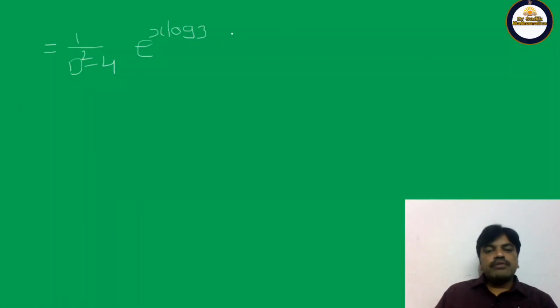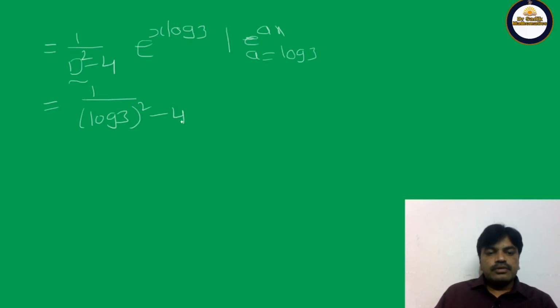Now it is like e power ax, friends. What is a here? You compare with the formula. A is log 3. Simply replace D square by (log 3) square, friends. So we get 1 by (log 3) whole square minus 4 into e power log 3 into x.